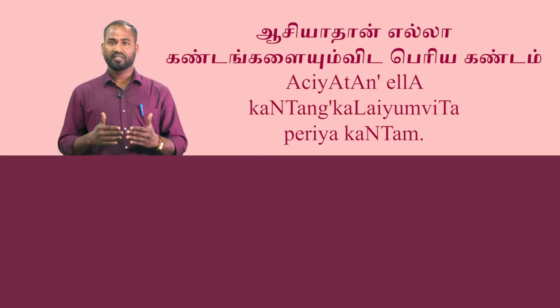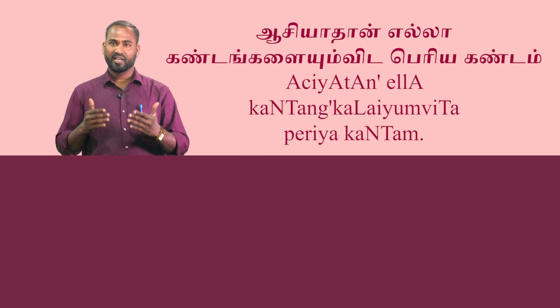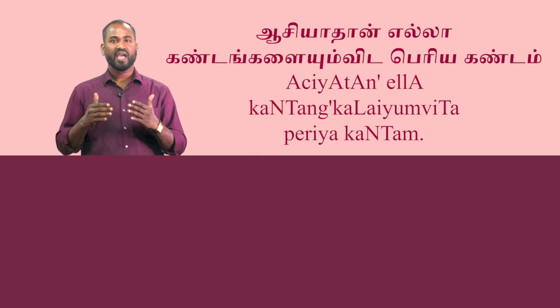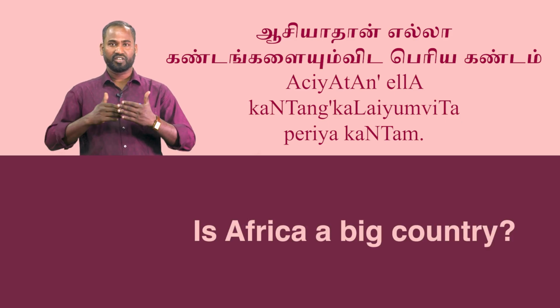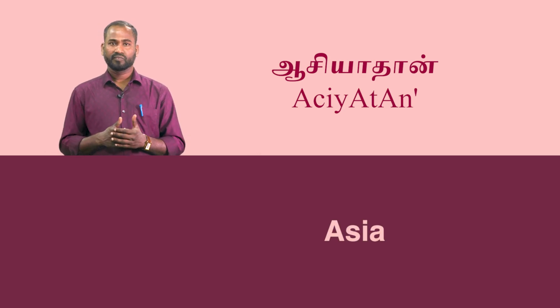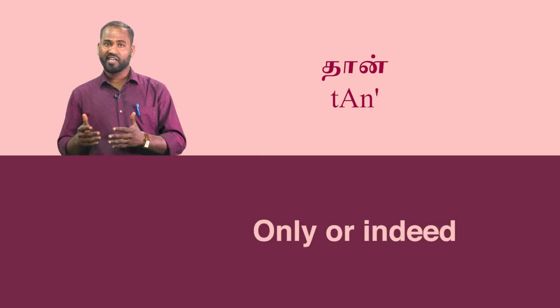Next sentence. ஆசியா தான் எல்லா கண்டங்களையும் விட பெரிய கண்டம். The Tamil sentence ஆசியா தான் எல்லா கண்டங்களையும் விட பெரிய கண்டம் is translated as Asia is the biggest continent in English. In this sentence, Asia refers to Asia. And the particle thaan conveys emphasis, meaning only or indeed, highlighting that Asia alone fits the description.